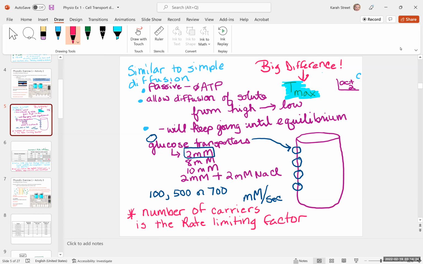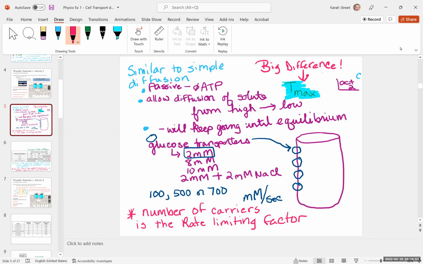Rather, just the kinetic energy of the solutes. Both types of diffusion, simple and facilitated, allow the movement of the solute from a high concentration to low. And another similarity, if given all the time in the world, both will keep going until equilibrium is reached.